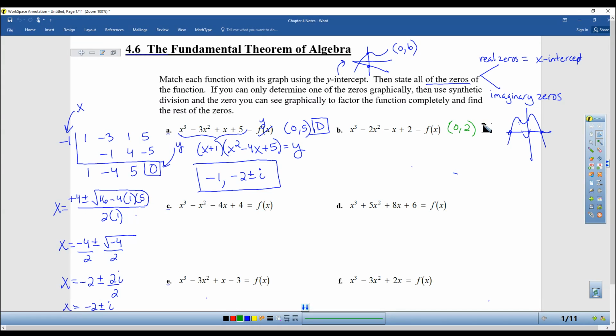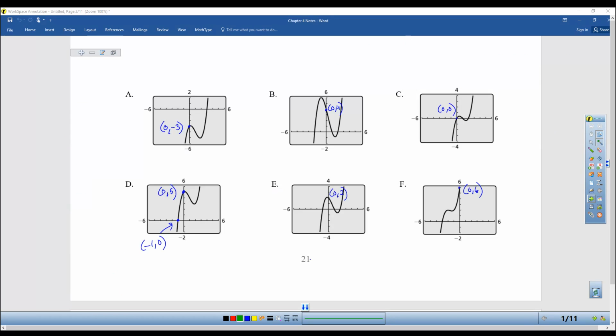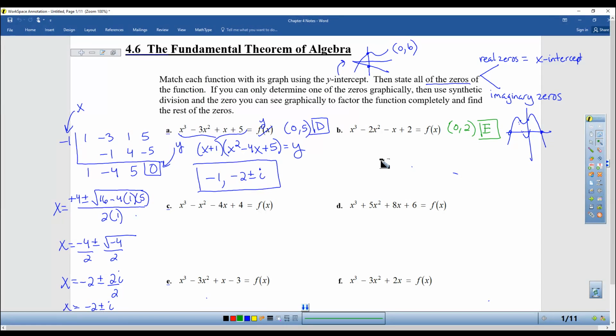So I know that this is graph E. And it asks me to find as many of the zeros as I can graphically. So on letter E, I can see that -1 will make 0, and 1 will make 0, and 2 will make 0. So this one's great. I don't have to do all that work that I just did a minute ago.